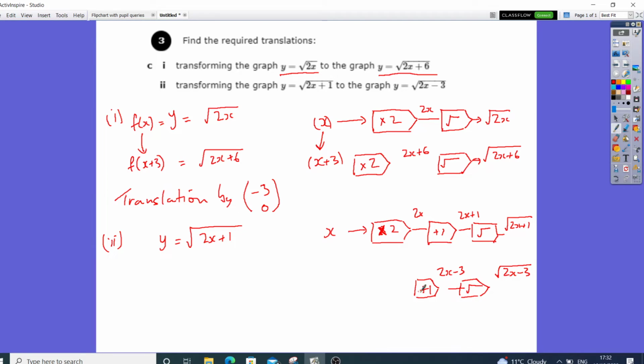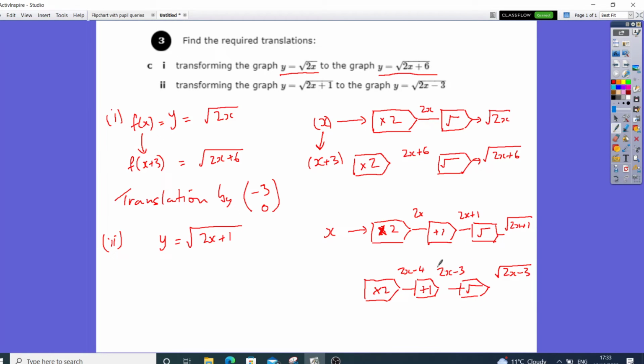So what must have happened to this number? This is plus 1, and it ended up as 2x minus 3. If I go the other way, instead of adding 1, I subtract 1, so this one must have been 2x minus 4, because if I add 1 to that, you'll get 2x minus 3.